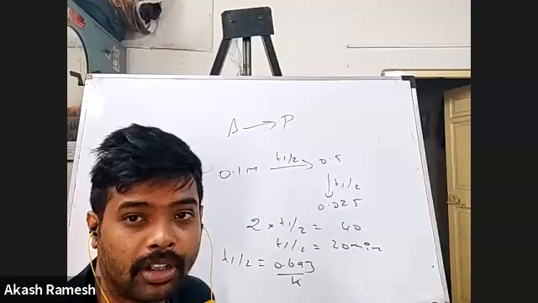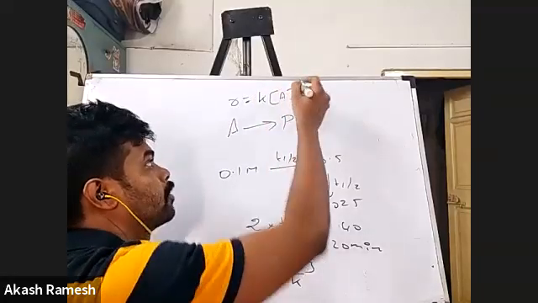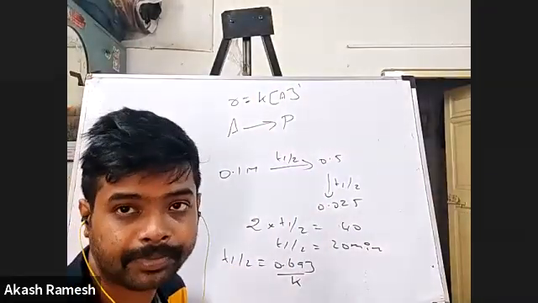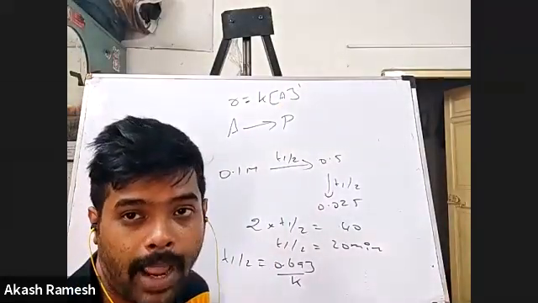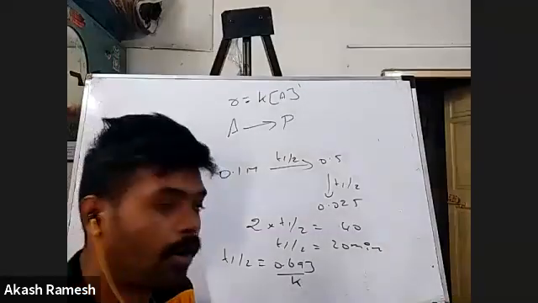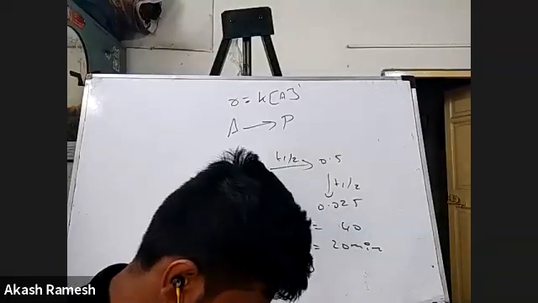That's it, right? It's a first order equation, so I have to use my rate law. What does the rate law say? R, that is the rate, is equal to k into concentration of A to the power 1, because it's a first order equation. A's concentration is given, that is 0.01 M, and k we just found out using the t half. Substitute it there, find the rate and tell me the answer quickly.